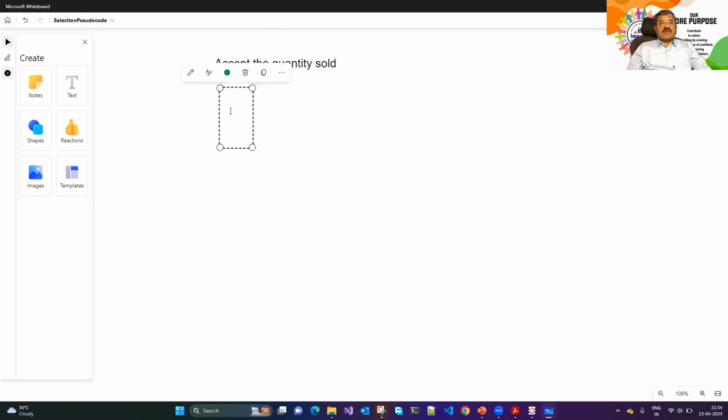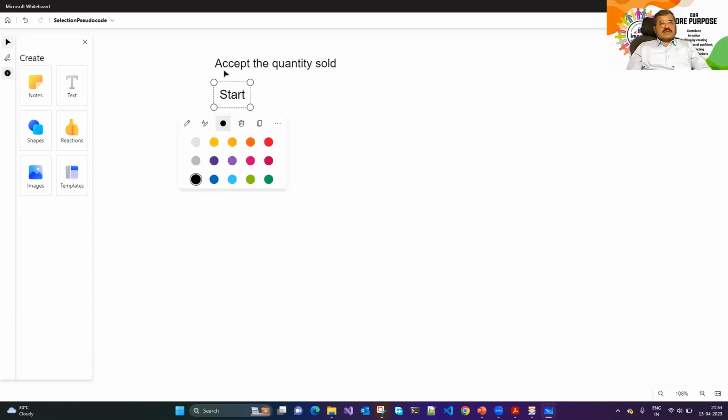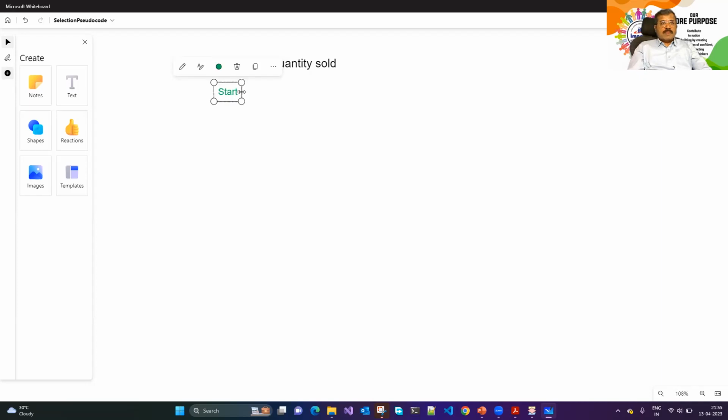Now quickly tell me what are the variables that we require, the inputs that are coming in. First, we require the quantity of items sold, correct?